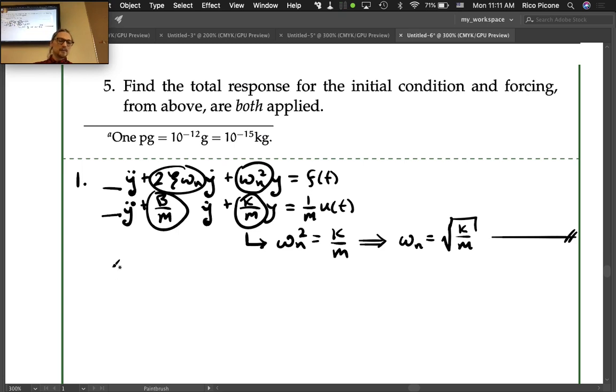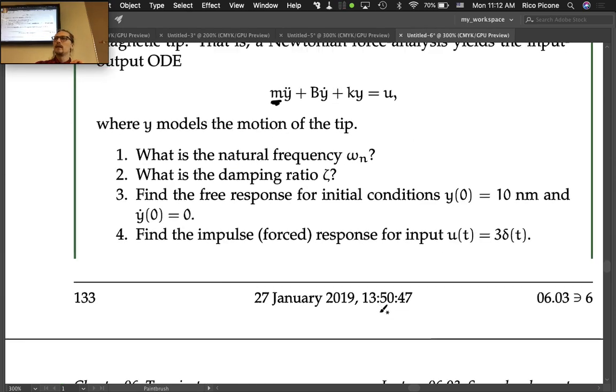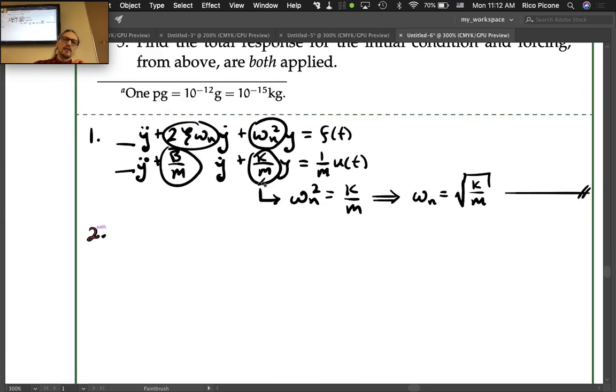A spring mass damper system. So now we've got part 2, which we can actually use some of the results of part 1 to help us with. In part 2, we're supposed to find the damping ratio, zeta, right? So we found what omega n is, and now we need to find what zeta is. We have this other equality here, so let's just use that.